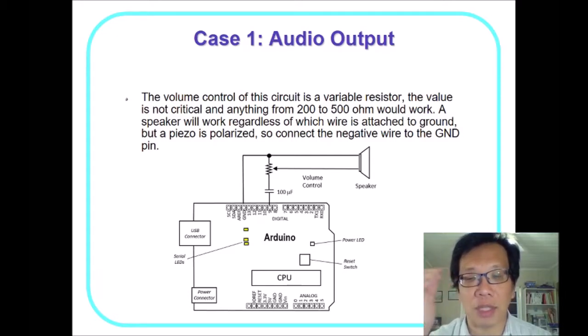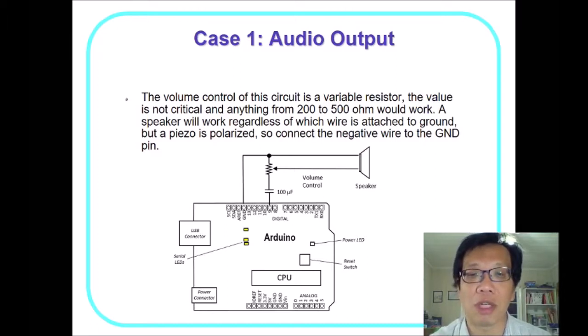When we connect that to an Arduino, we need to connect it to a digital pin, because as I said, a speaker is connected to something that generates frequency. If you use analog output, you only change the voltage from 1 volt to 5 volts, that is not going to work. It is more ideal to connect to a digital output, where we can change the frequency.